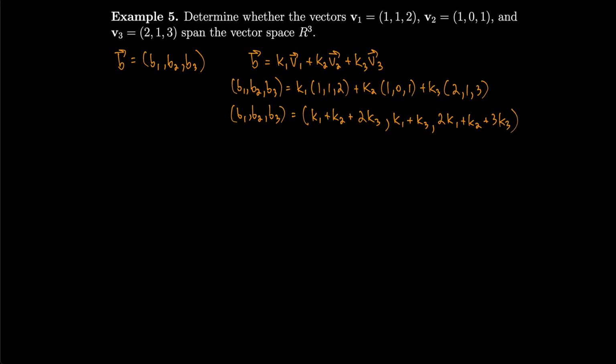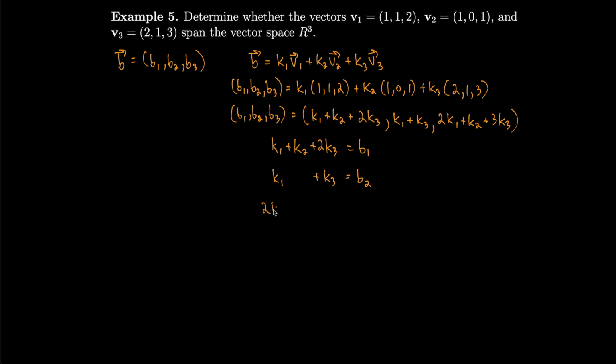Okay, so again we get some equations. We get k1 plus k2 plus 2k3 for our first component must equal our first component on the left, b1. You must also have that k1 plus k3 is equal to b2.